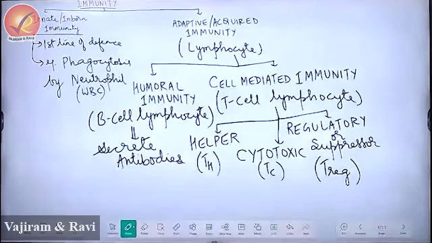So immunity we have classified as innate or inborn immunity, and this next one is what? Adaptive or acquired immunity. Innate immunity we discussed by taking the example of phagocytosis by neutrophils, where the cell was eating the bacteria, removing the extracellular microbe from the body.